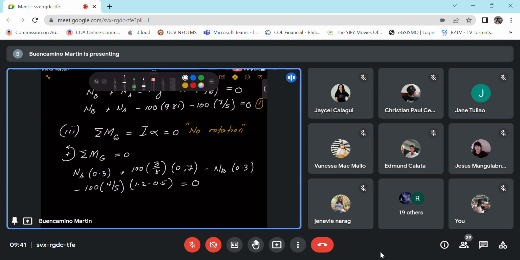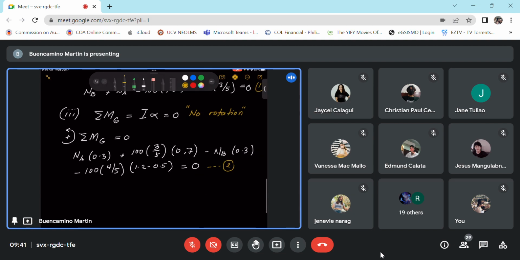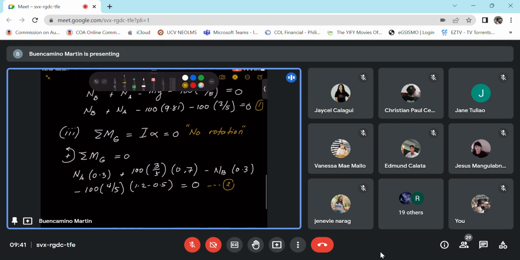So we can let this be equation 2. So paano na natin isosolve yung dalawang unknowns?